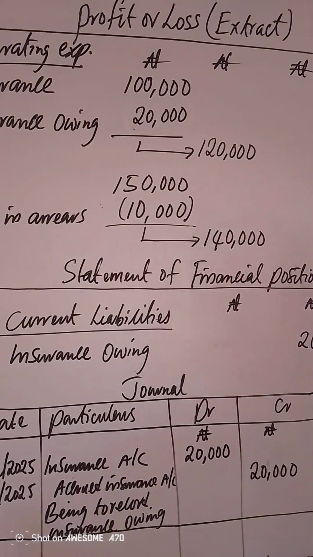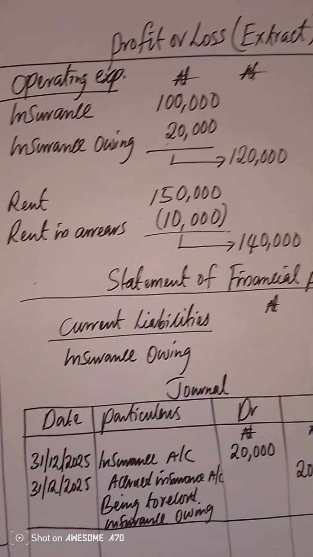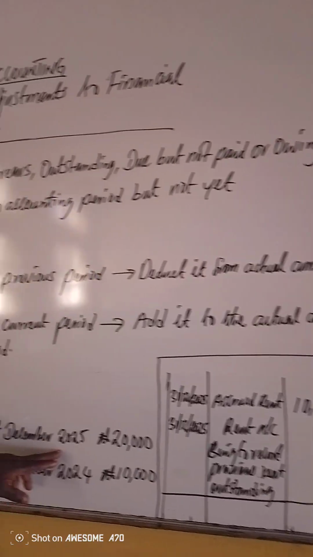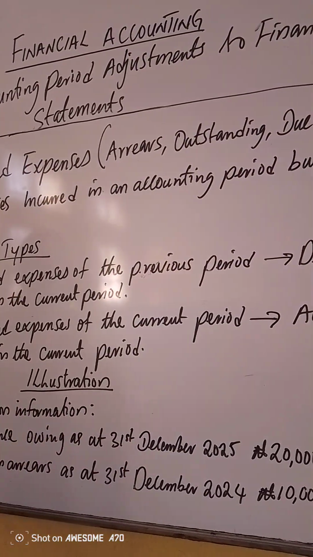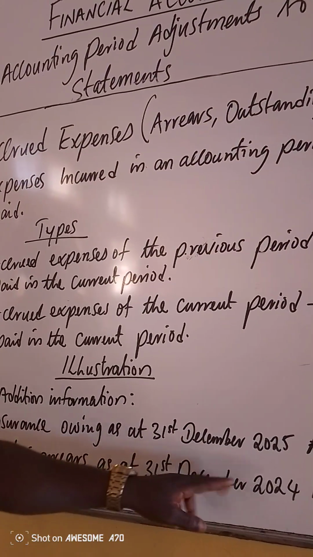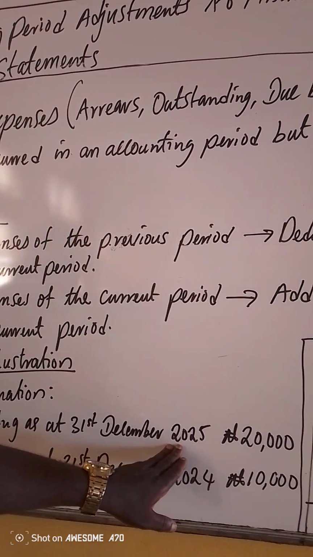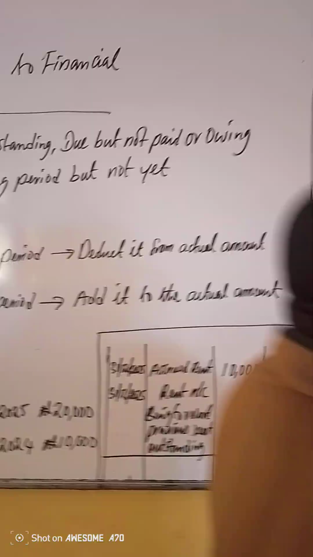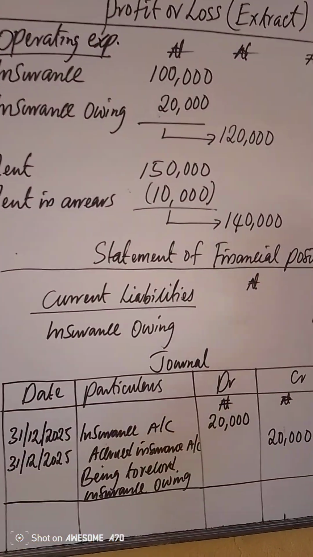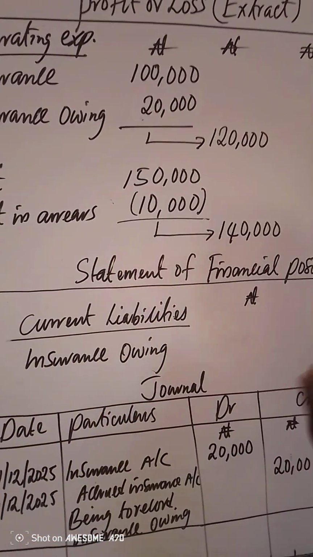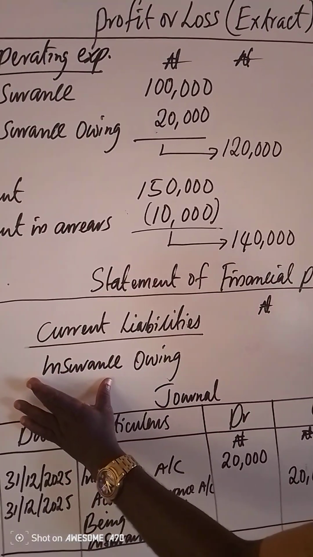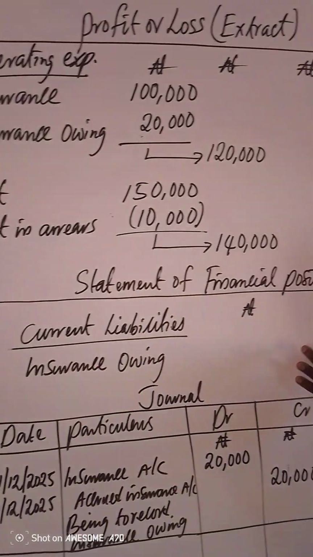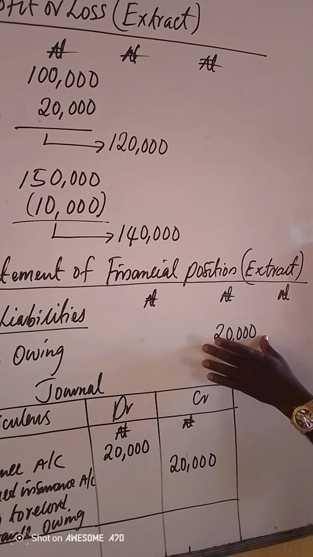So here, if you look at this question, insurance owing as of the current year is 20,000. Mind you, in my illustration, 2025 is the current year. So if you come under the statement of financial position, under current liabilities, you are going to pick insurance owing or arrears and treat it as one of the current liabilities.